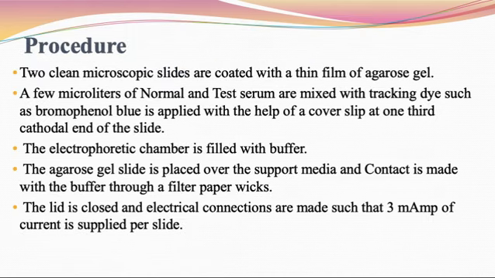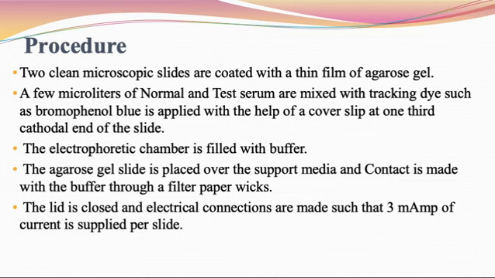Destaining solution is 7% acetic acid. Next, coming to the procedure. Take 2 clean microscopic slides coated with a thin film of agarose gel. A few microliters of normal and test serum, mixed with a tracking dye such as bromophenol blue, is applied with the help of a cover slip at the 1/3 cathode end of the slide.